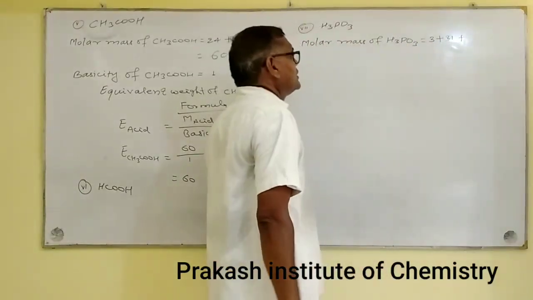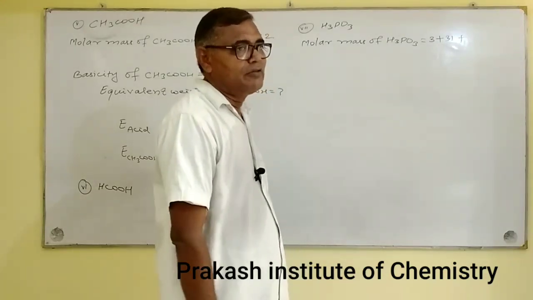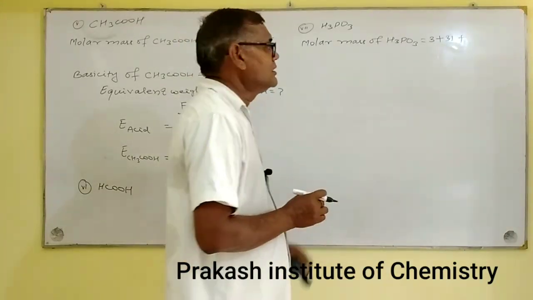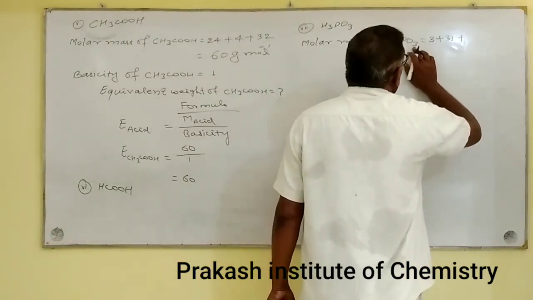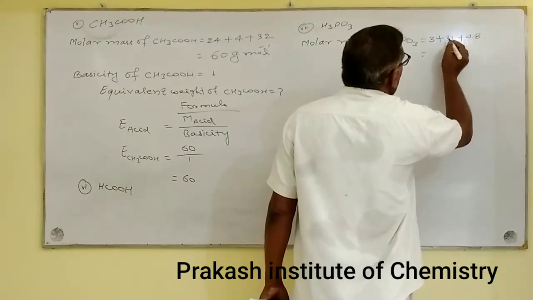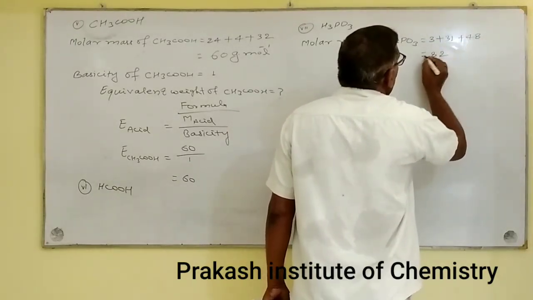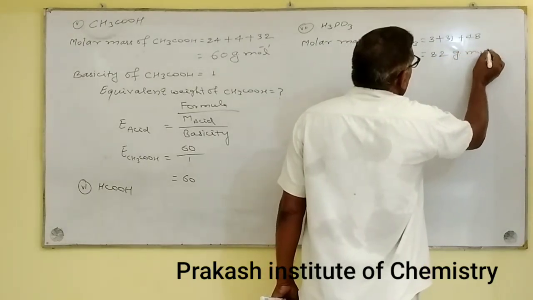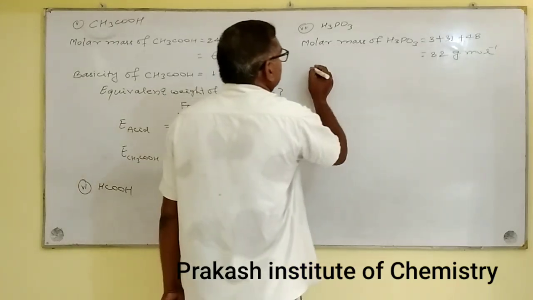In H3PO3 number of oxygen atom 3, atomic weight of oxygen is 16, we multiply 16 and 3, we get 48. We add and we get 82 gram mole inverse.